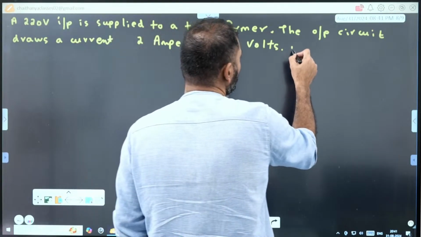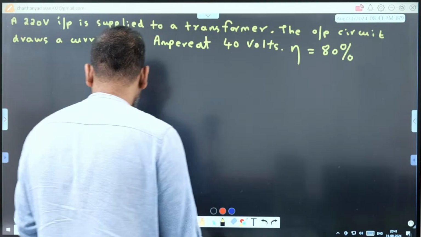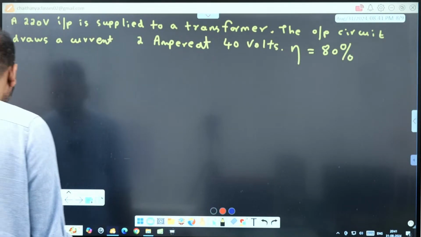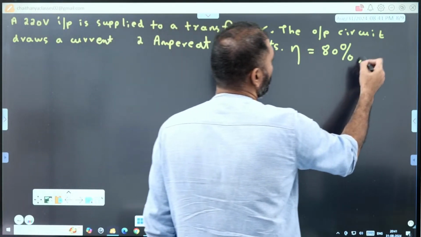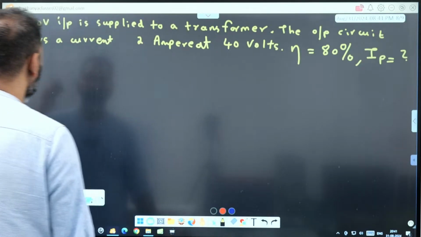Efficiency, denoted by letter eta, is 80%. I am writing it short. What will be the primary current? Ip equal to question mark.